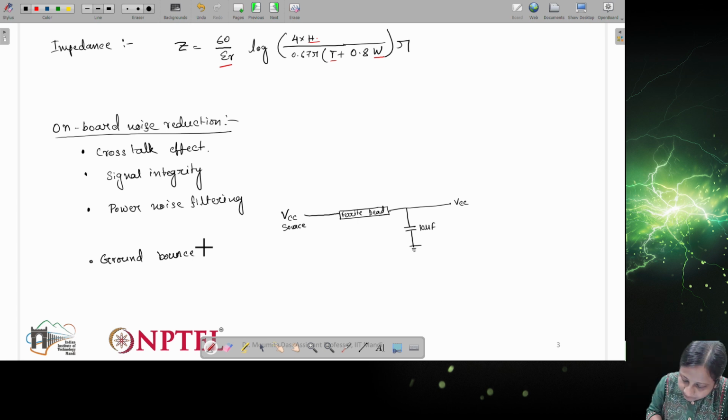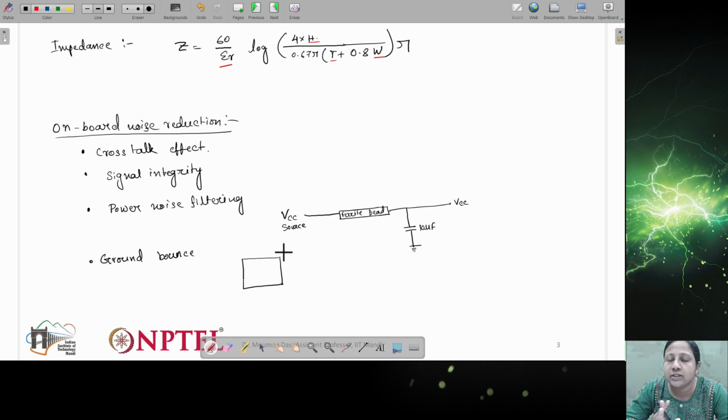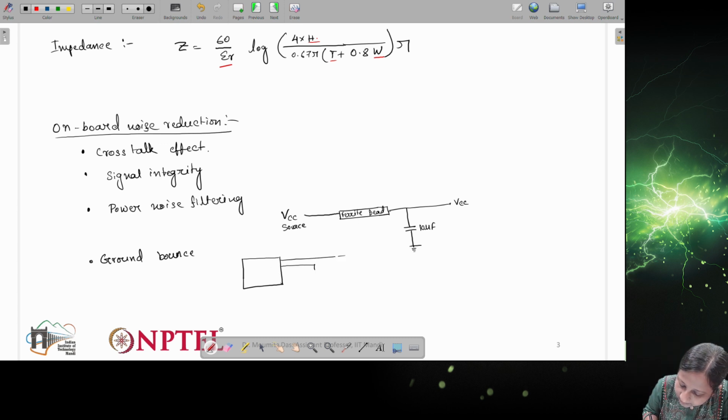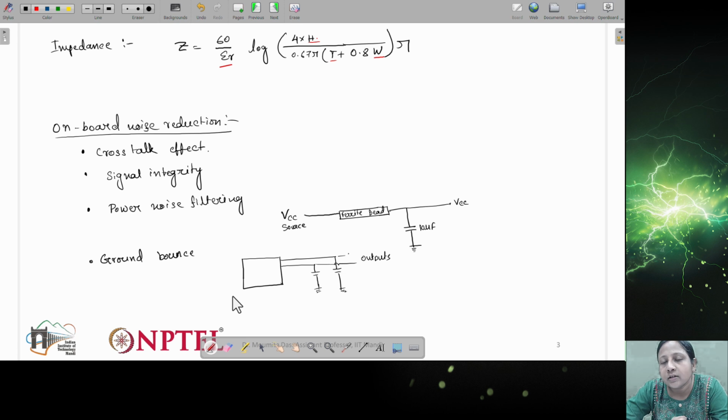If there are multiple outputs connected and each is switching simultaneously, we can connect capacitors with respect to each signal. Then it will reduce the ground bounce effect.